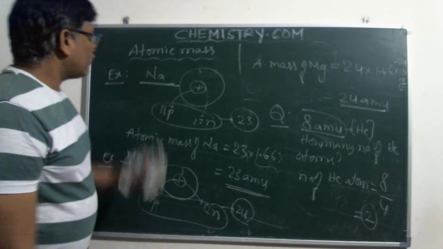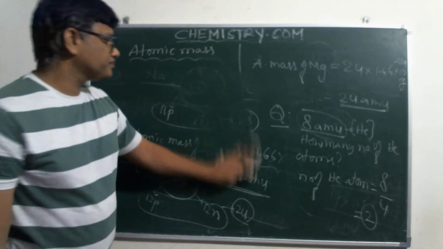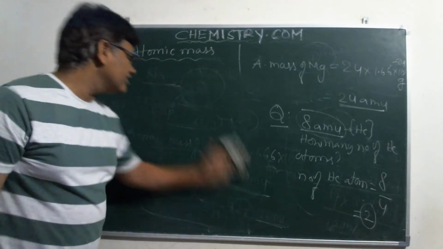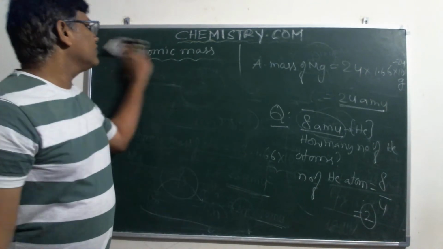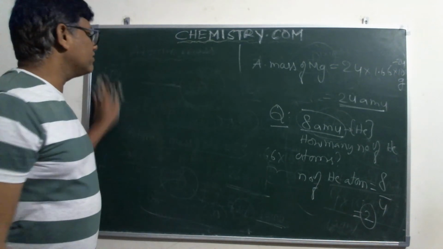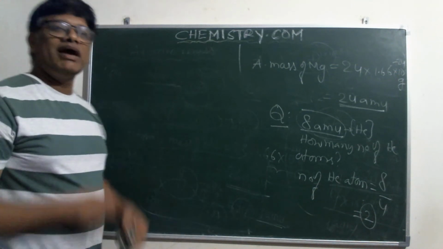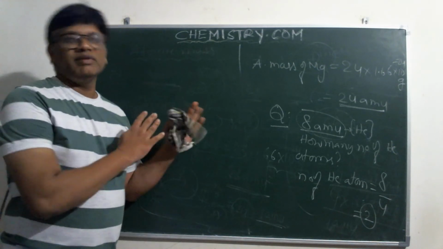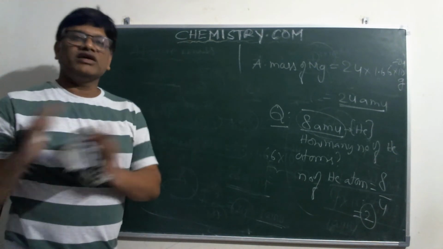Right. So far we have discussed atomic mass unit, the calculation taking different elements. Now I will give you average atomic mass. How to calculate the average atomic mass? By knowing the percentage abundances of the particular element in the form of isotopes.